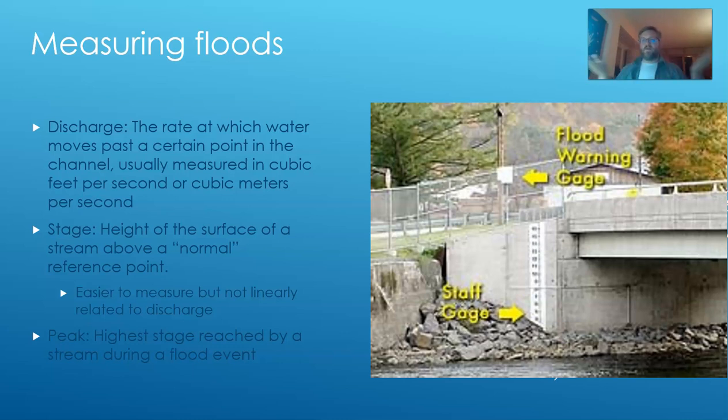But if you have a very wide valley, then it's going to take a lot of water to raise the surface up a little more. And if your valley is weird shaped, if it's narrower at some points and wider at other points, you're going to get all kinds of odd relationships between the discharge level and the flood stage. So stage is easy to measure, but it doesn't necessarily directly tell us about the amount of water that we're seeing.